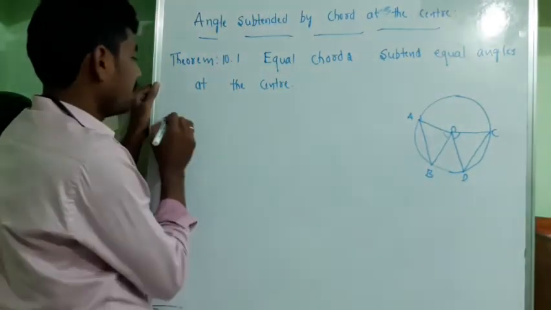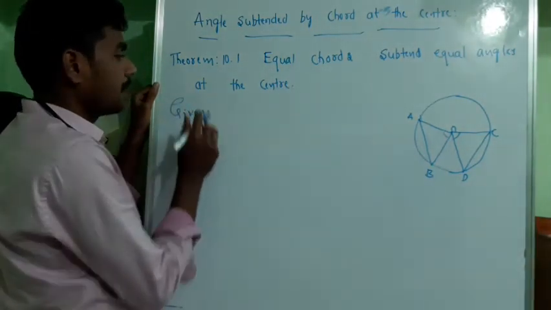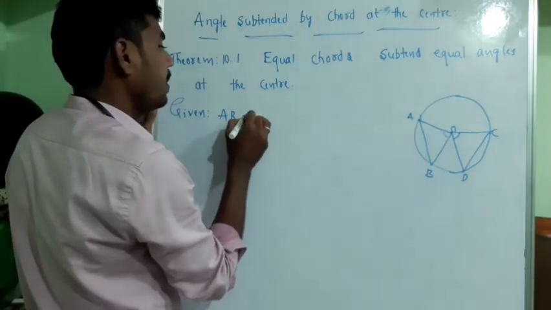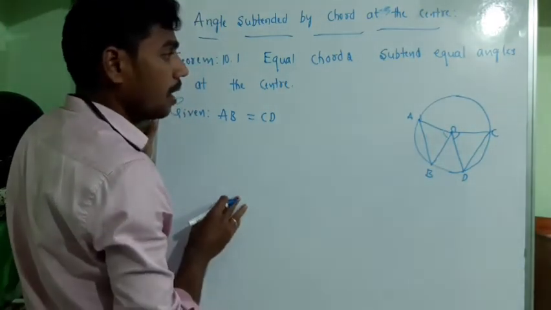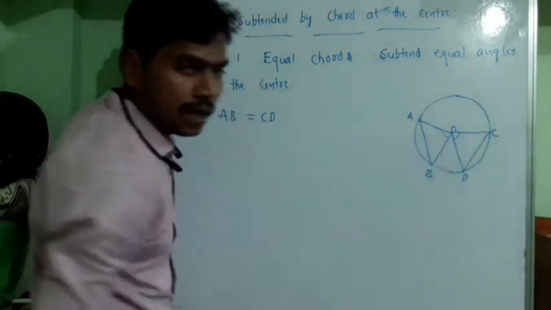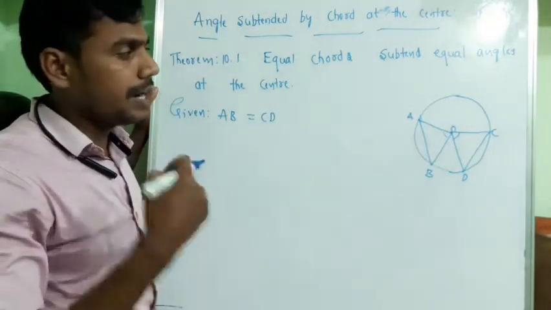What is given to us: chord AB is equal to CD. You know that OA, OB, OD and OC will be equal because they are radii of the same circle.